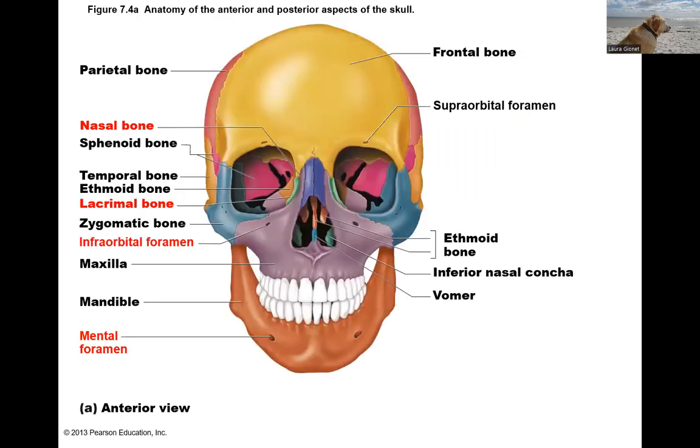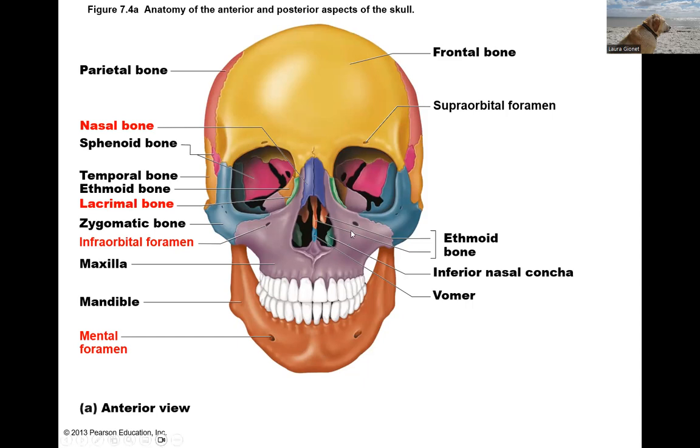All right, so here looking at the anterior aspect of the skull, we can see the nasal bone right in midline. To the right and left in green are the lacrimal bones. We have in light purple the maxilla.